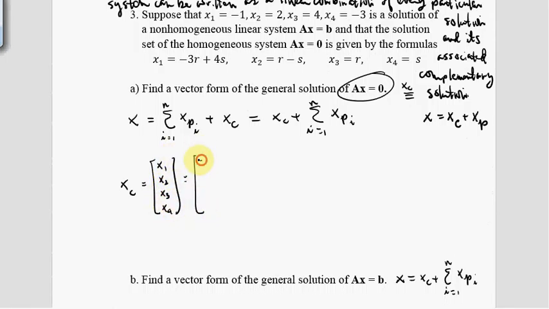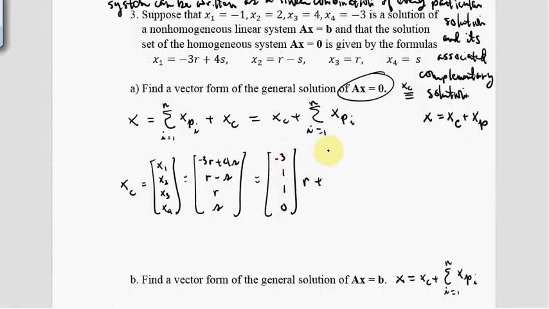So x sub 1 is negative 3r plus 4s, x sub 2 is r minus s, x sub 3 is r, x sub 4 is s. So we get negative 3, 1, 1, 0 times r plus 4, negative 1, 0, and 1 times s.